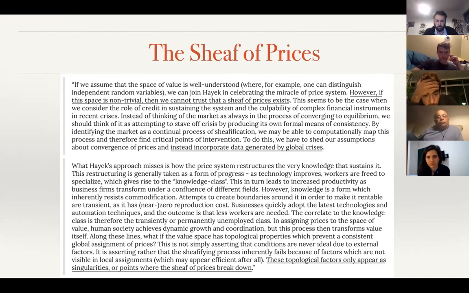And all the way through to the end, he talks about how the topological factors, which are the contradictions in the price system, come down to singularities or points where the sheaf of prices breaks down.